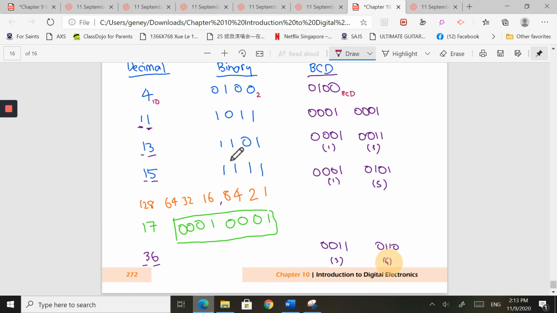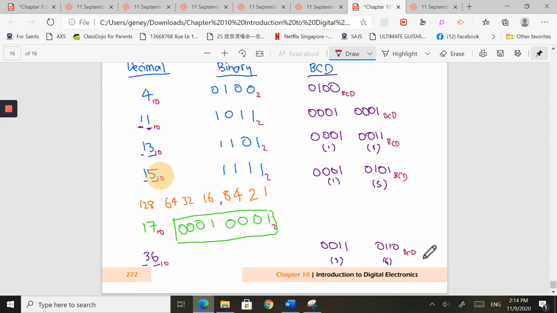How do I know whether this 0100 is a binary or a BCD? You need to look at the base. Every time you write decimal numbers, you have to write base 10. Every time you write binary numbers, you have to write base 2. Every time you write BCD numbers, you have to write base BCD.